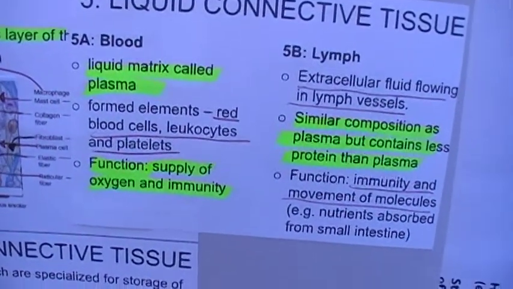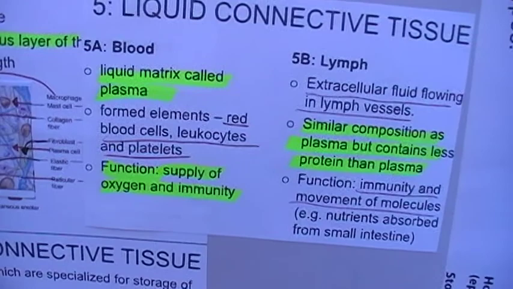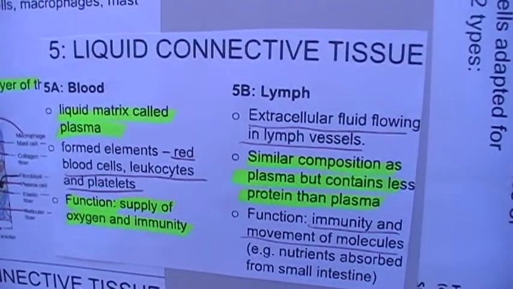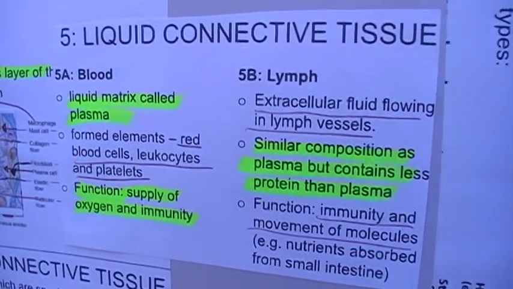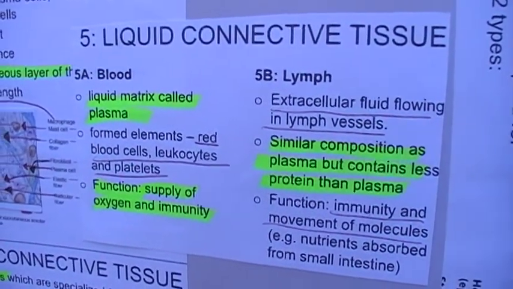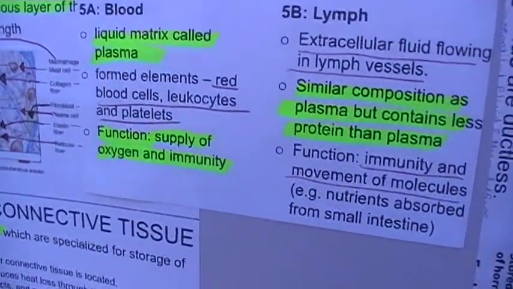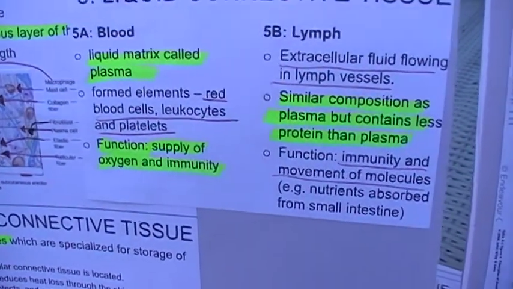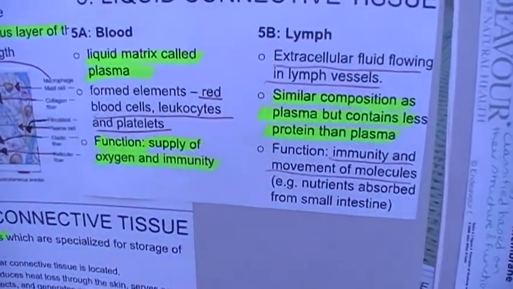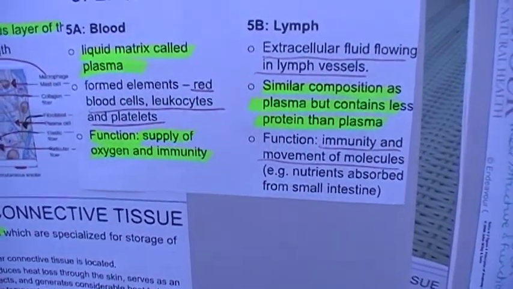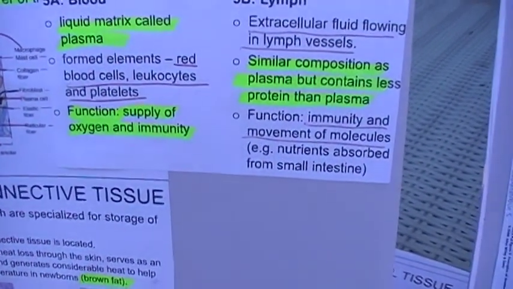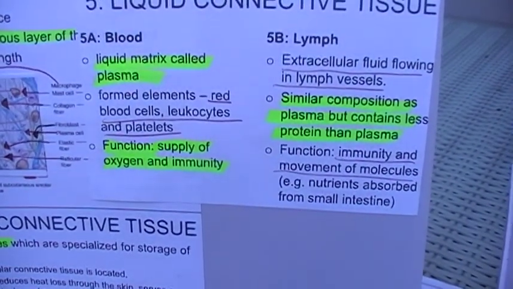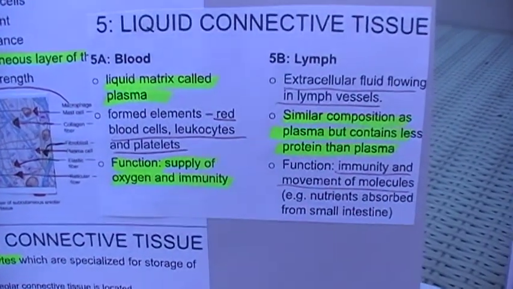Their function is supply of immunity, as well as blood, liquid connective tissue is lymph. What does extracellular fluid flow in? It has a similar composition to plasma but contains less protein. It functions in immunity and movement of molecules.